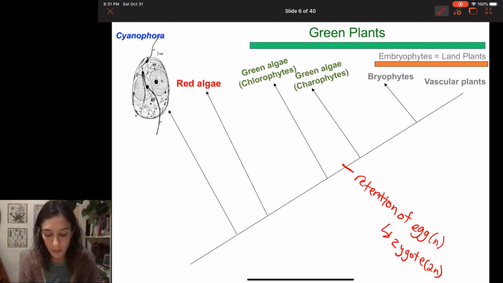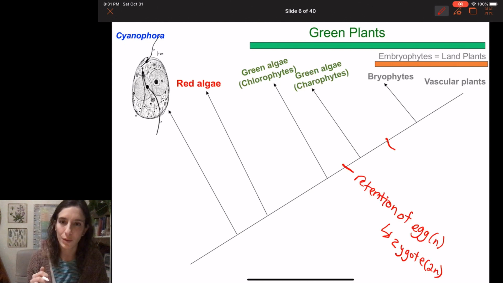Awesome. Well, something else crazy happens after the Charophytes. That zygote, which is retained in the gametophyte, and to back up and remind you, that haploid gametophyte is multicellular.